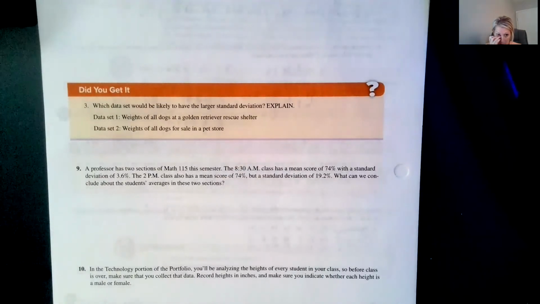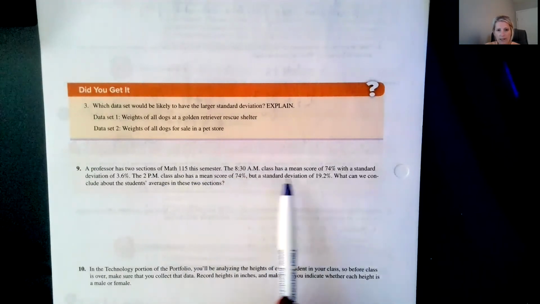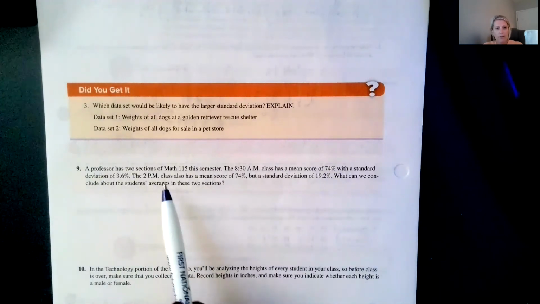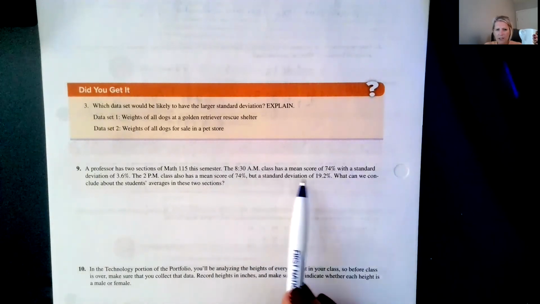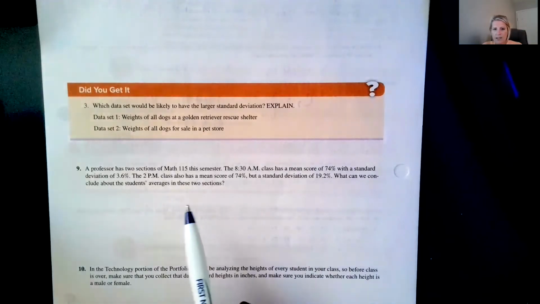Okay. Number 9 says, a professor has 2 sections of Math 115 this semester. The 8:30 a.m. class has a mean score of 74% with a standard deviation of 3.6. The 2 p.m. class also has a mean score of 74%, but a standard deviation of 19.2. What can we conclude about the students' averages in these sections?